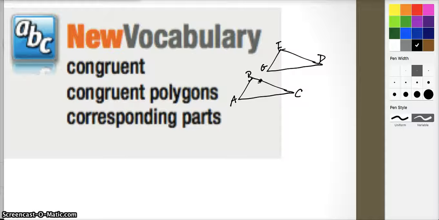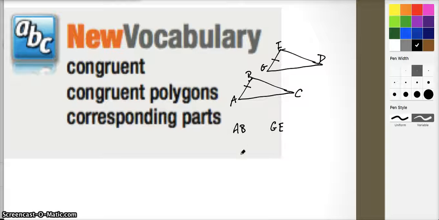all right? If I do that, there are parts of these triangles that are not just congruent, but they're corresponding. So like this segment AB is a corresponding part to GE. Do you see why? Because it's the same length. Like when I slid them on top of each other, you knew that AB and GE went together.